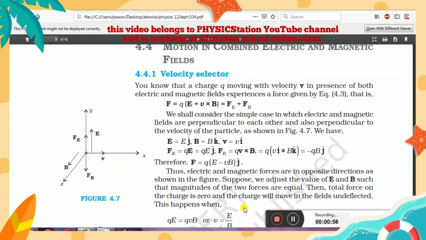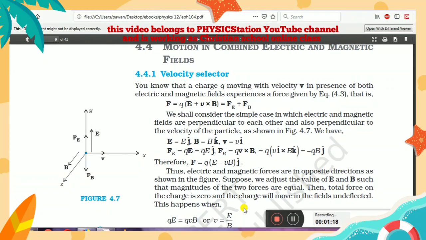That means crossed electric and magnetic fields are in perpendicular directions.